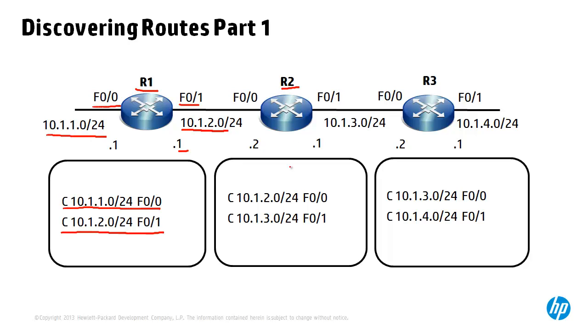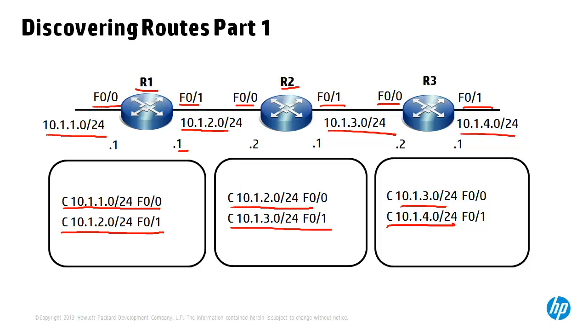Router 2 has something similar, 10.1.20.0 directly connected to FastEthernet 0/0. FastEthernet 0/1 has network 10.1.30.0. FastEthernet 0/0 on router 3, 10.1.30.0. FastEthernet 0/1, 10.1.40.0. So at the moment, the routers only know about directly connected interfaces.